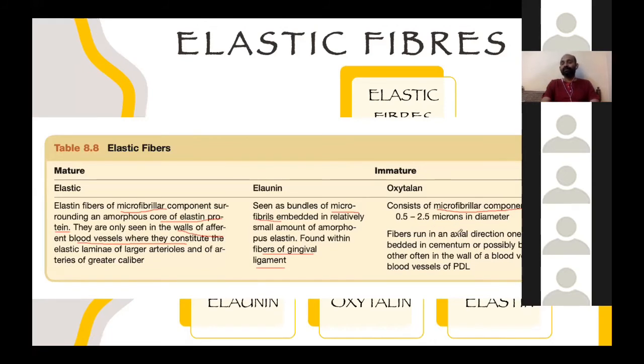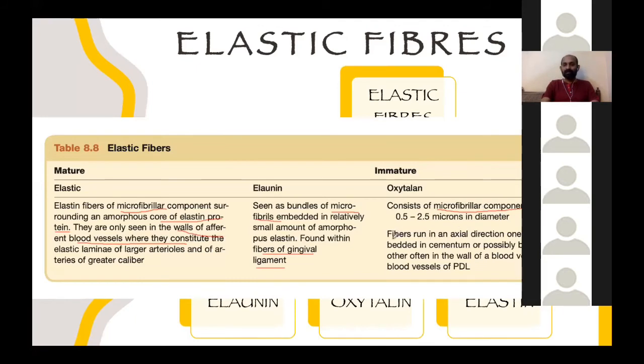One important function of the oxytalan fiber is, usually most of the fibers run from the cementum towards the bone, towards the alveolar bone, either horizontally or vertically, in whatever direction. But the beauty of oxytalan is, they start from the bone or the cementum, run upwards, and do not go to the bone. They insert onto the blood vessel.